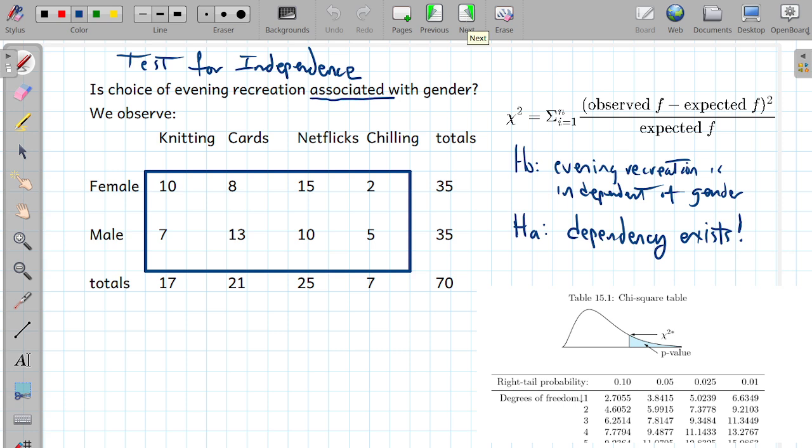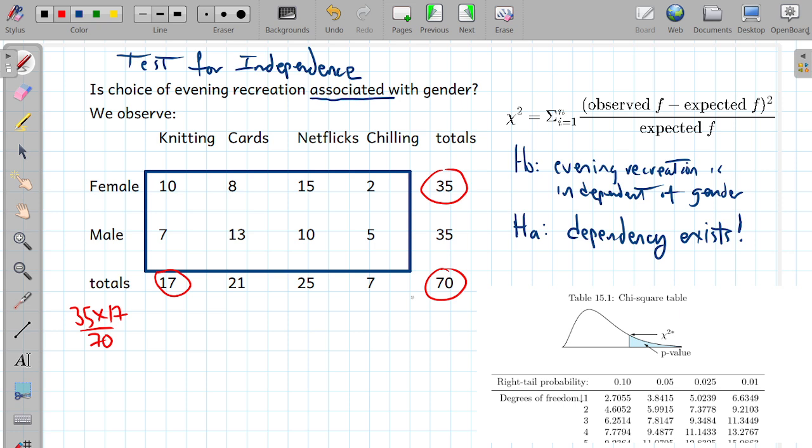So for instance, I'm going to use red ink here to write the expected counts. This is the row total, and this is the column total for females in knitting. So we're going to have 35 times 17 divided by 70. This is your grand total.